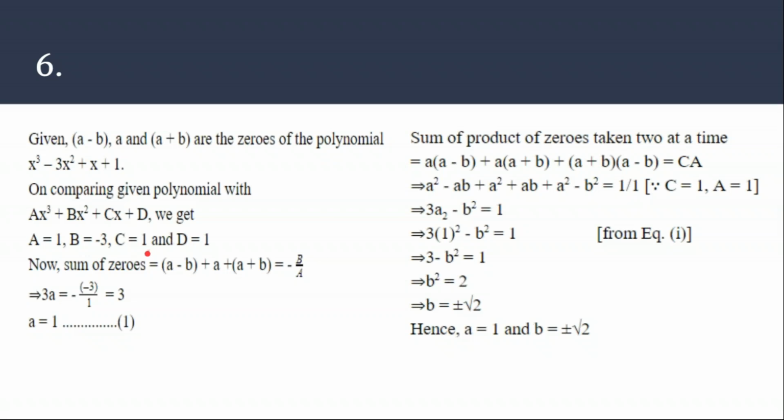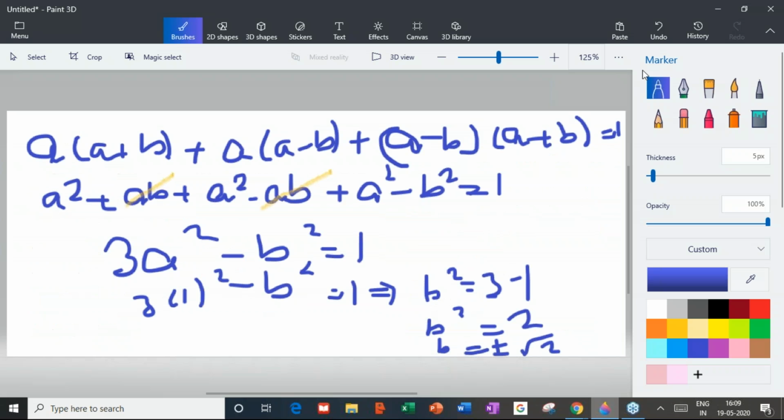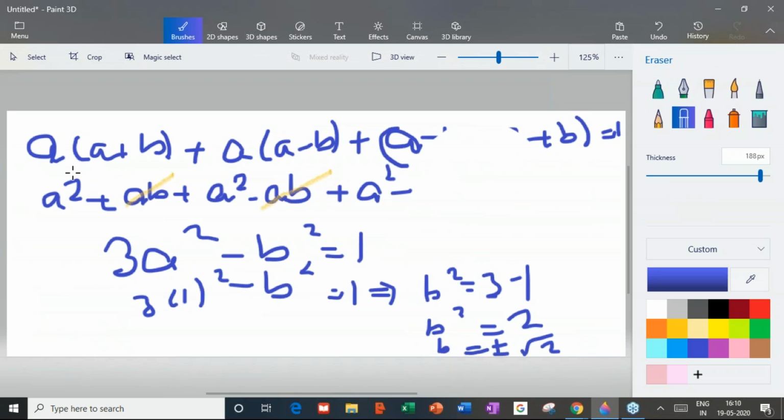This is one of the properties of both quadratic and cubic polynomials. Okay, got it? Yes, Pratim, awesome.